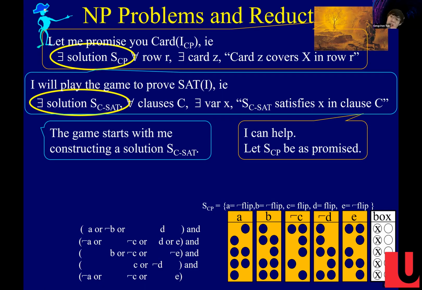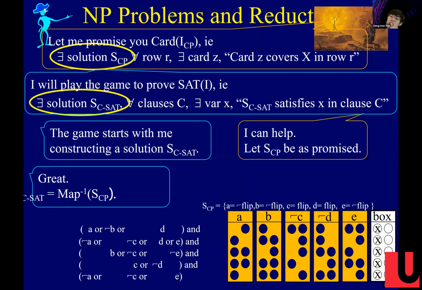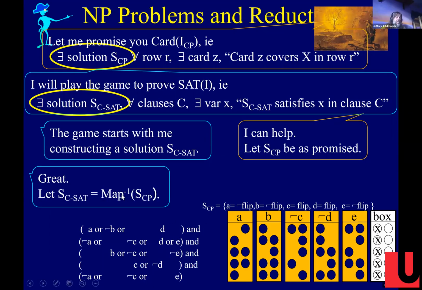True. She told me to flip C. So I set C to be false, right? I do this mapping here, and it gives me a solution to the variables. Everybody buy that?